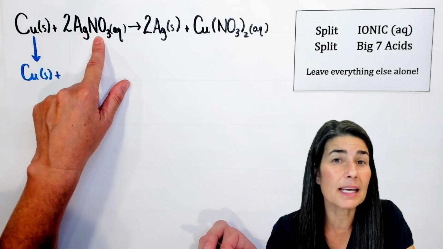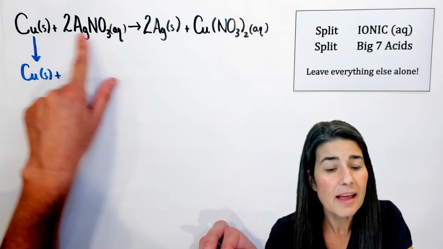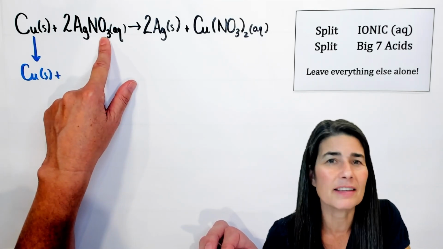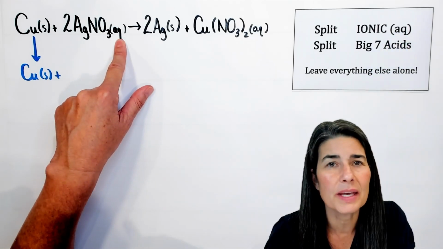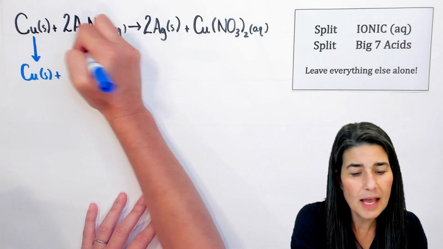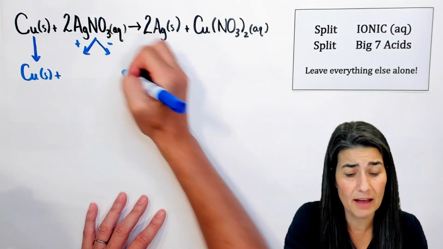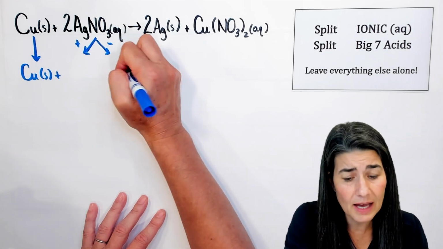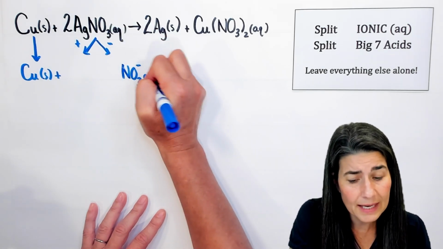Silver nitrate is an ionic compound. We have a metal, silver, and a polyatomic ion, nitrate. It's ionic and it says aqueous, so we need to split it up into the plus ions and the minus ions. The minus ion that we have here is the polyatomic ion nitrate, that's an NO3 with a minus.